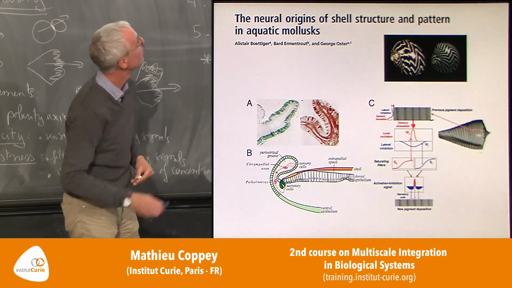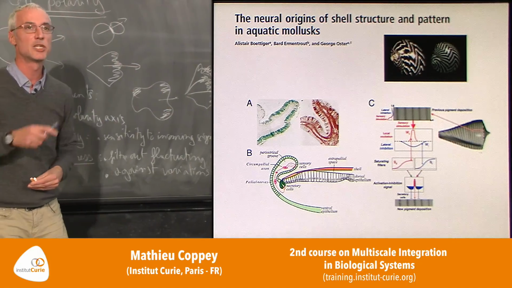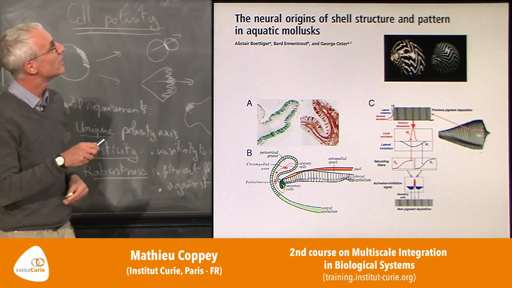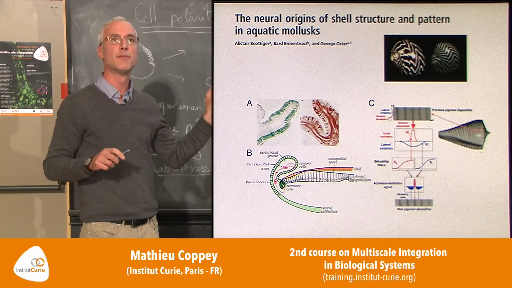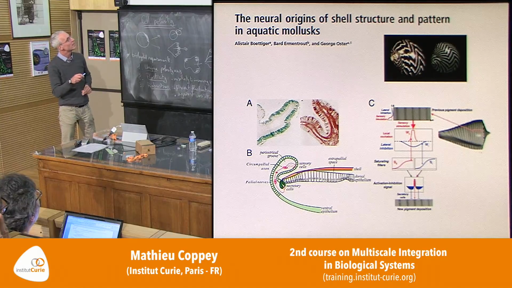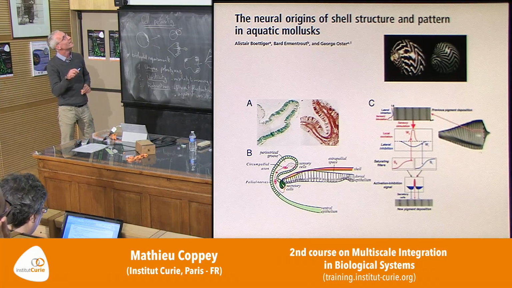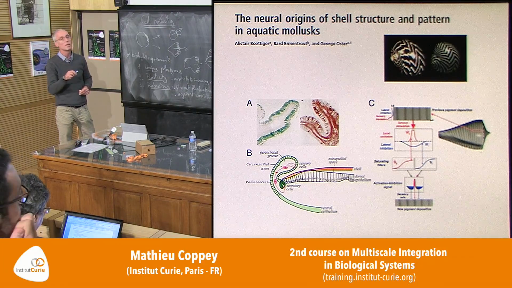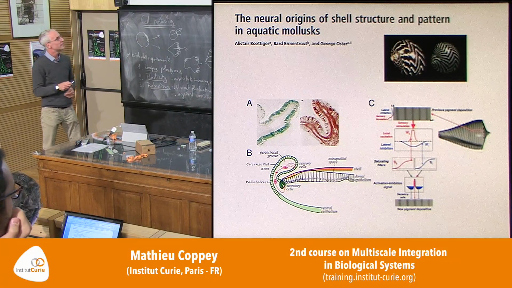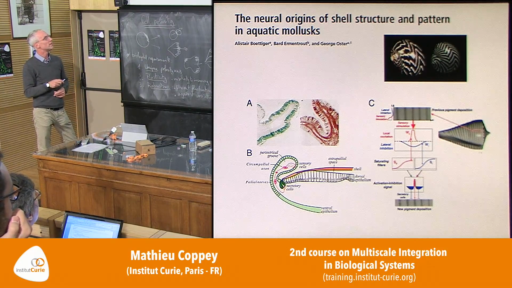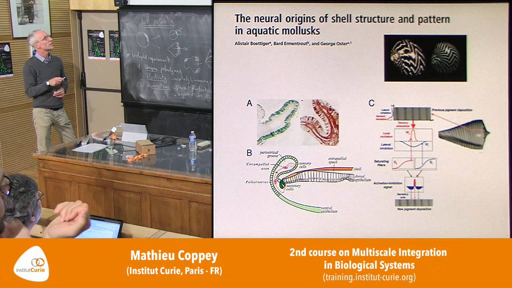One example I like, I'll just give you the reference, you can look at it. I'll explain in a second what it is, but I give you some examples of Turing patterns in biology now. One example I like a lot is this mollusk, where on the shell they always have these nice stripes that you see. How this comes about: there is an epithelium that is linked to a couple of secretory cells.